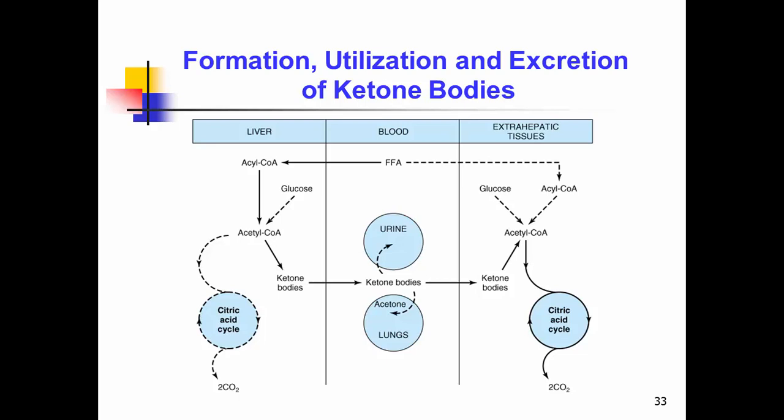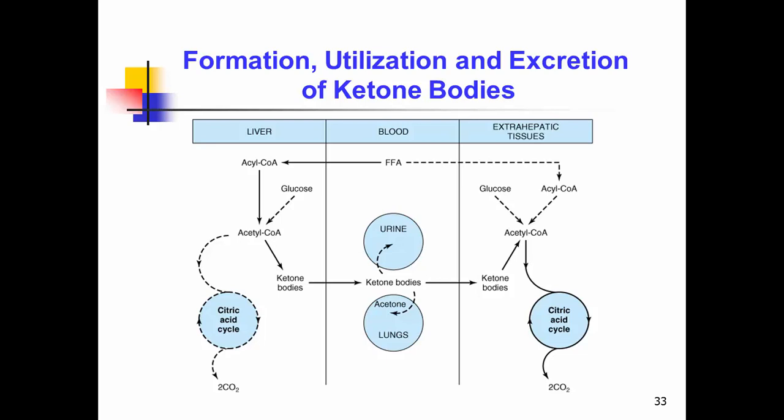And I wanted to mention again, in the skeletal muscle during the fasting condition, the skeletal muscle is able to completely oxidize fatty acids, breaking them down to acetyl-CoA, and then acetyl-CoA enters the TCA cycle for complete oxidation and to make ATP in the muscle.